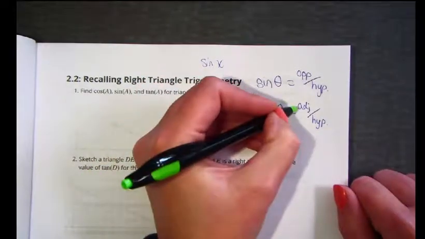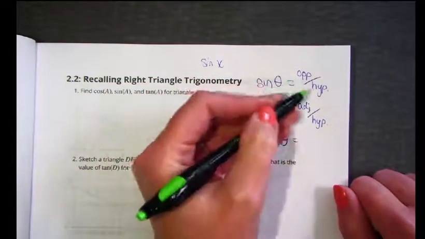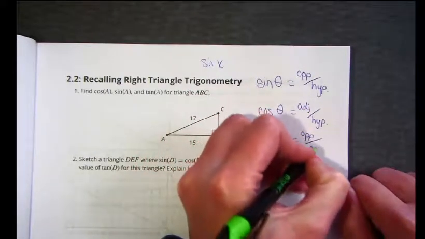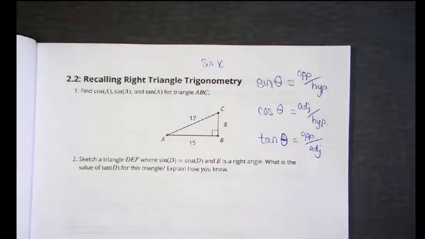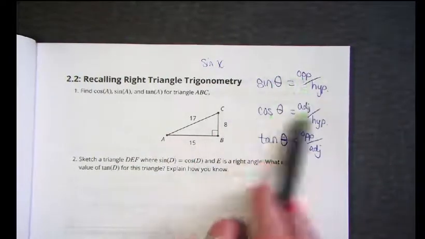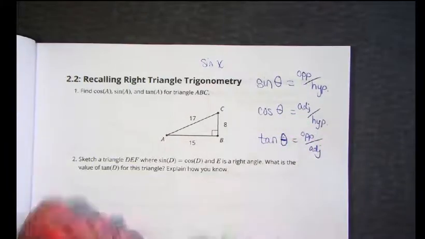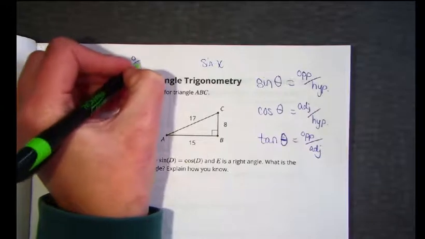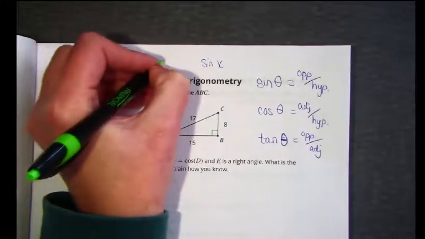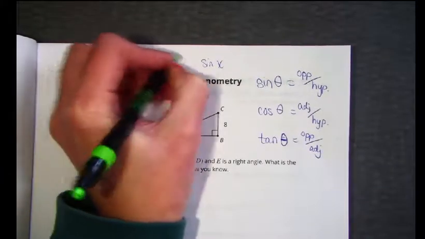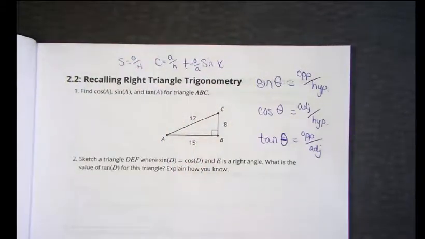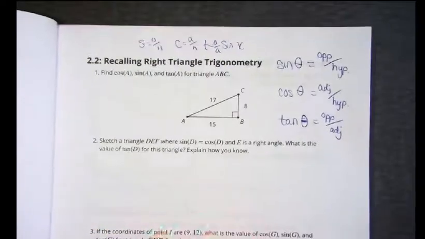Remember, adjacent means next to or nearby. And tangent is opposite over adjacent. Lots of ways to remember that. SOHCAHTOA is how some people remember it. Anyway, however you go about doing it.